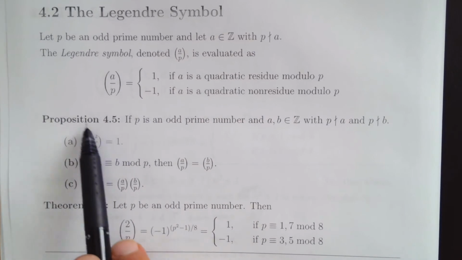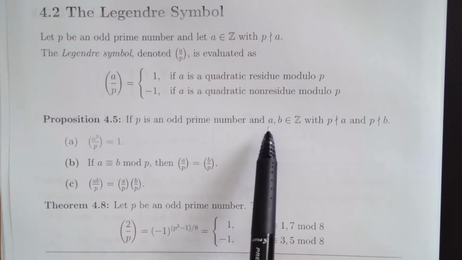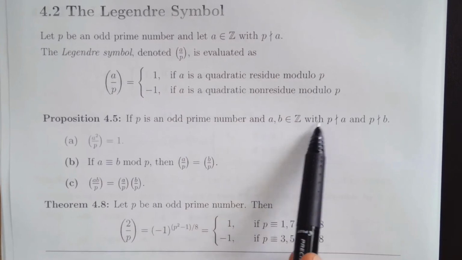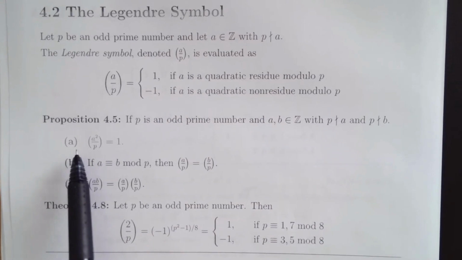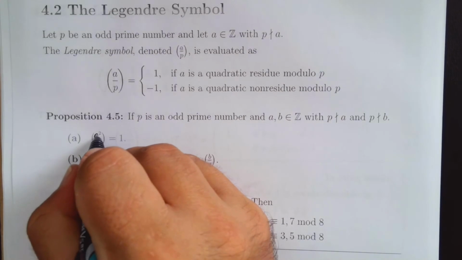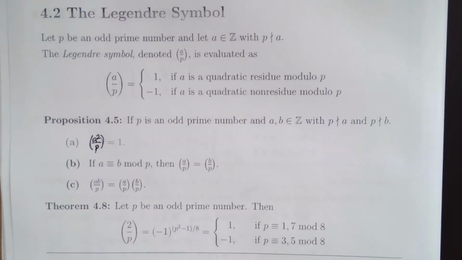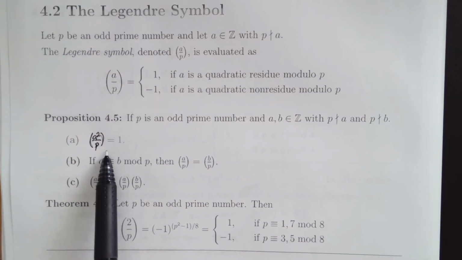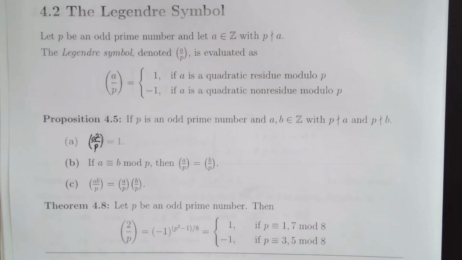We have this proposition 4.5 that says that if P is an odd prime number and A and B are integers, with P not dividing A and P not dividing B, then the Legendre symbol of A squared modulo P will equal 1. Because really what we're saying is, is there some number A that will be a quadratic residue modulo P?